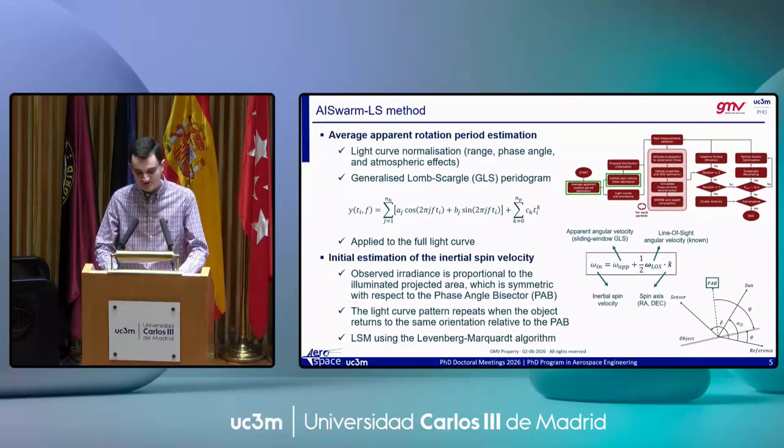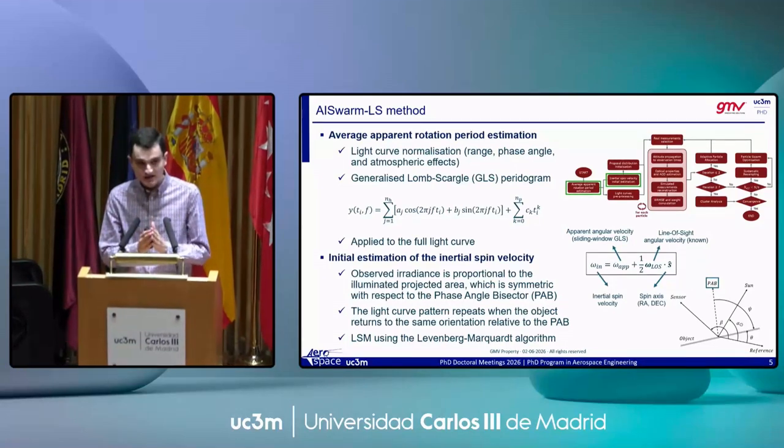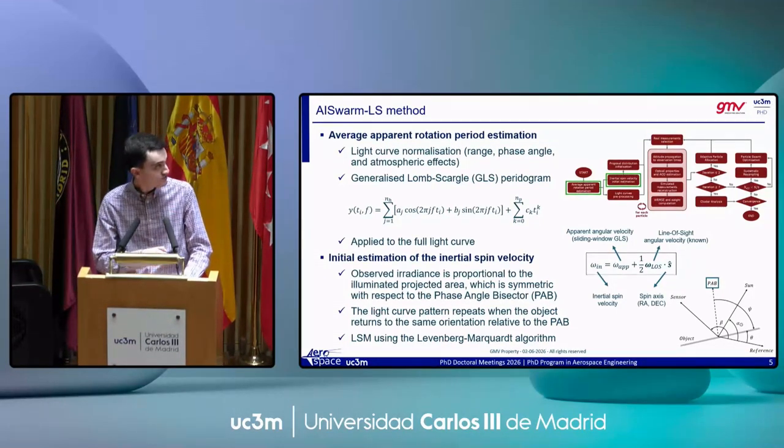The method is based on the fact that the observed irradiance is proportional to the illuminated projected surface. And this surface is approximately symmetric with respect to the phase angle bisector between the sun and the sensor.